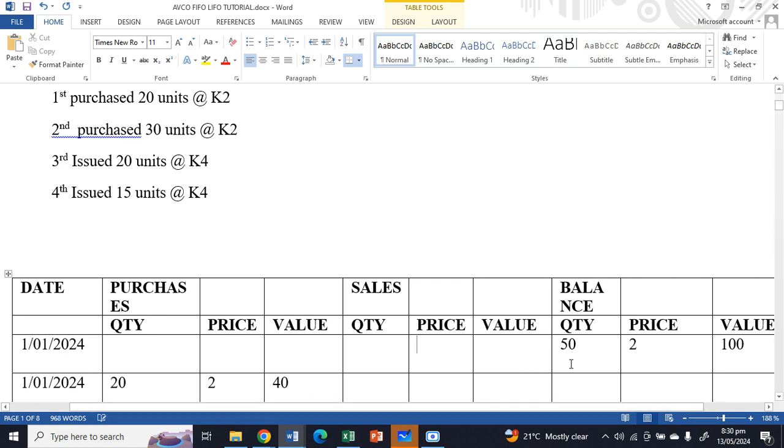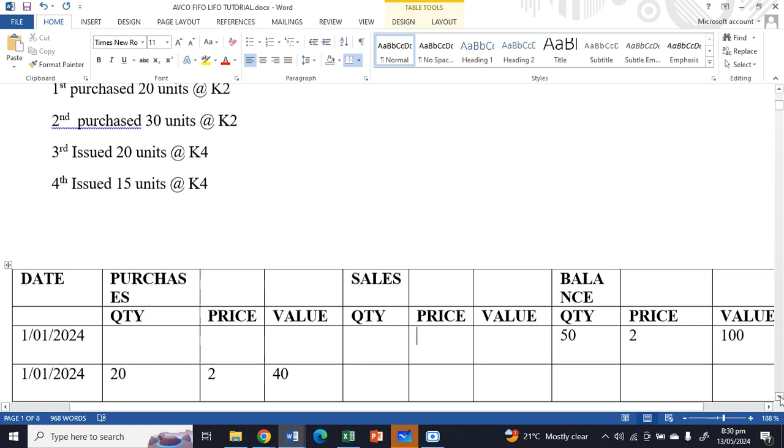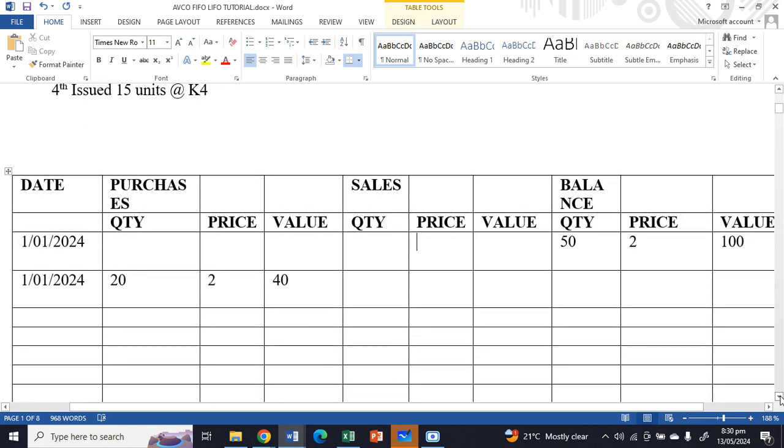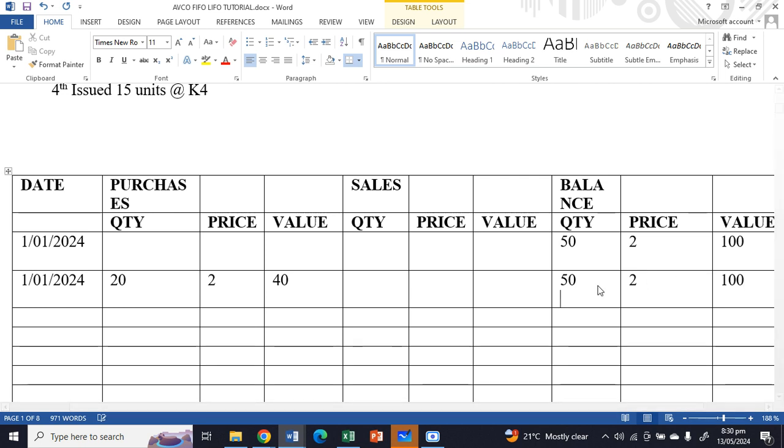Now we transfer this information to the balance side, and this is where we'll see how the average costing method works. Originally we had 50 units, each at 2 kwacha per unit, the value 100 kwacha. We brought in 20 more units.